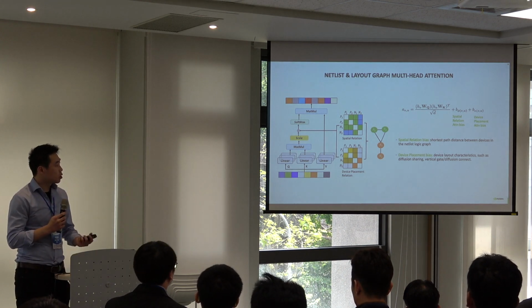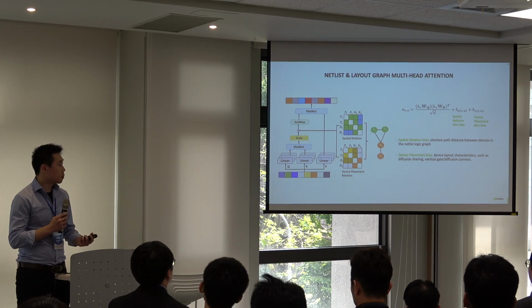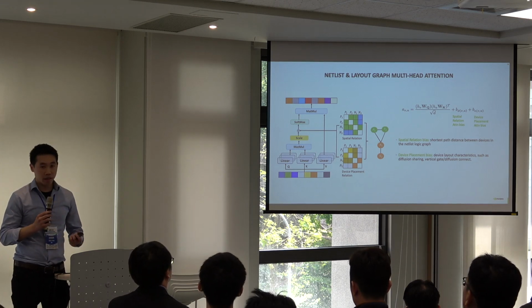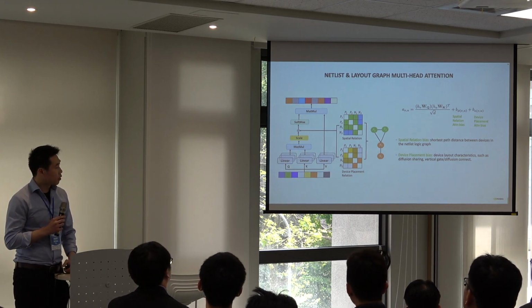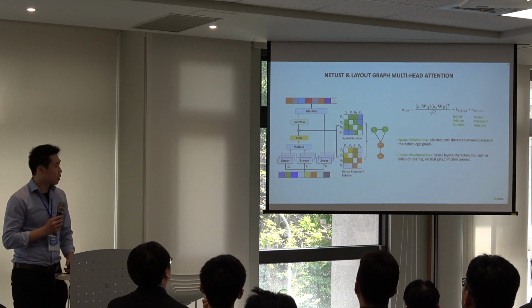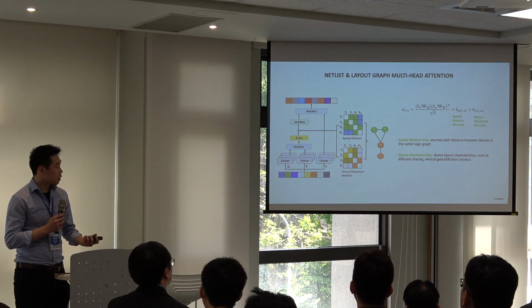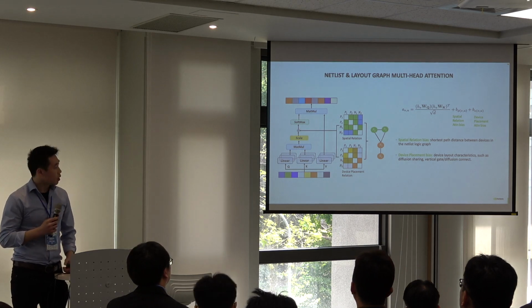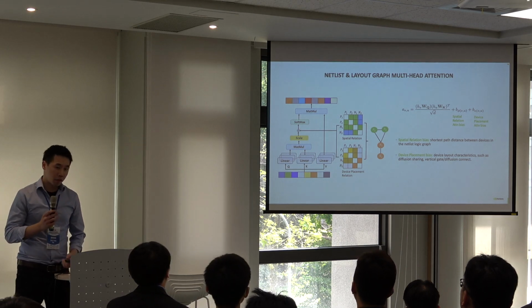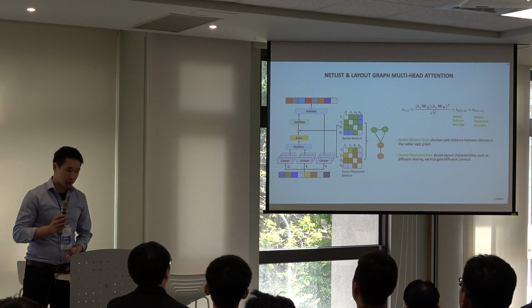The spatial relation bias is the shortest path distance between devices in the netlist logic graph. The device placement bias is related to device layout characteristics, such as diffusion sharing, or whether we can share the vertical gate or diffusion connection.